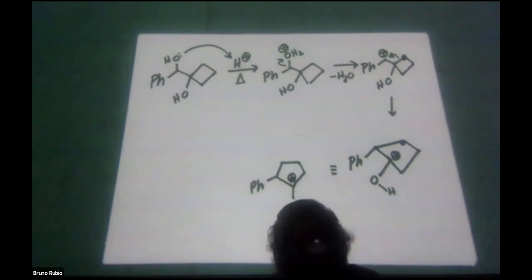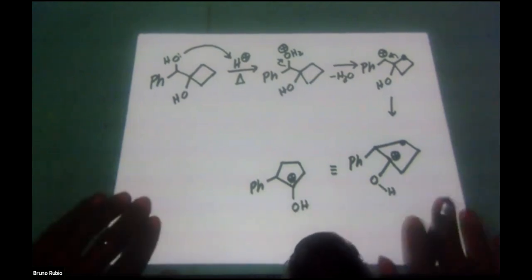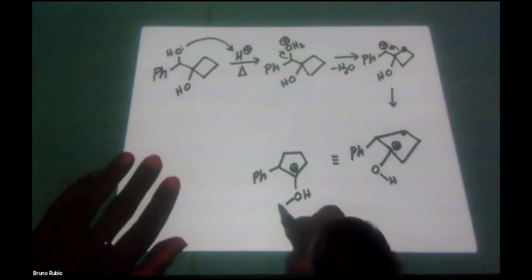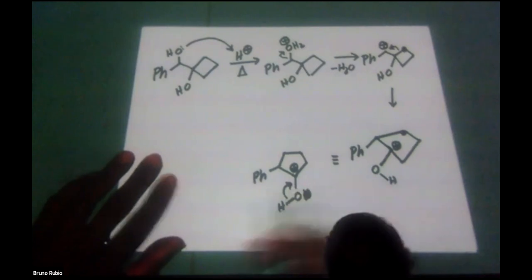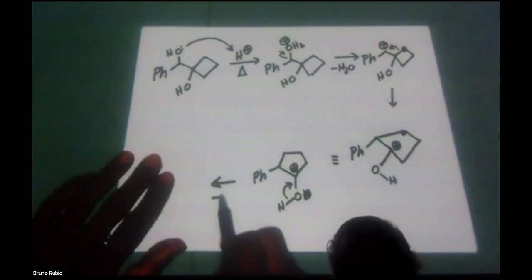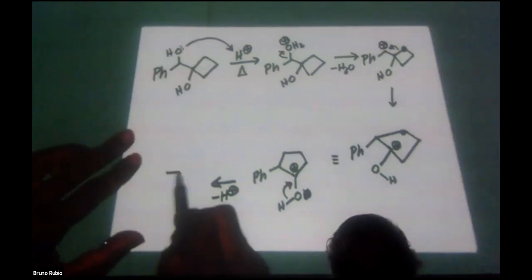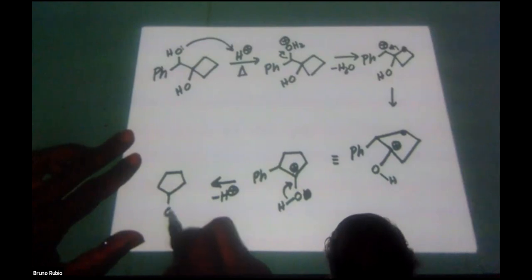So it just redrew that. Okay, and now the last step, let's do it this way. Last step is deprotonation of that carbocation, and so that would be our product.